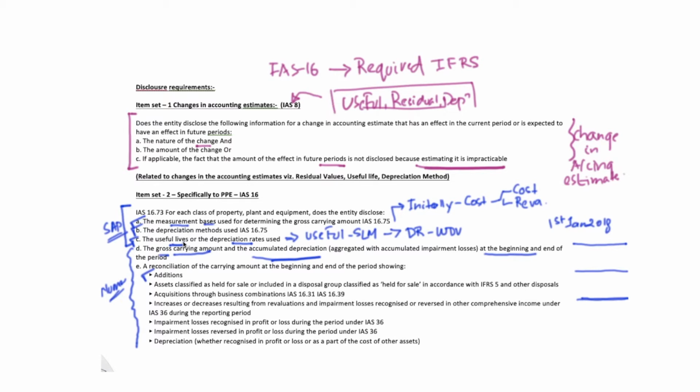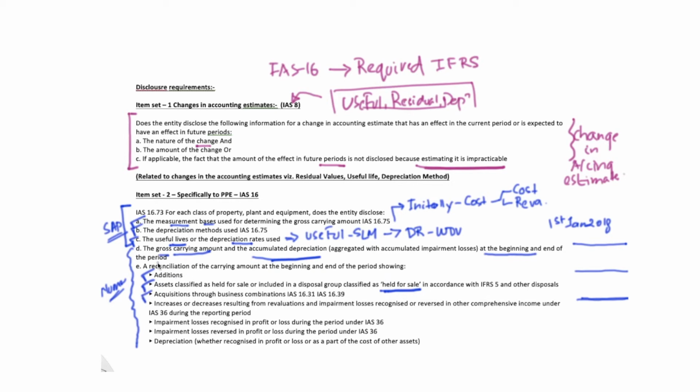That's an important point for the entities who are preparing financial statements. Separate disclosure is required for assets that are held for sale because these are not covered by IAS 16. Even if they are not covered by IAS 16, they form part of the PP&E schedule, and hence they need to separately mention that these are the PP&E held for sale within IFRS 5.